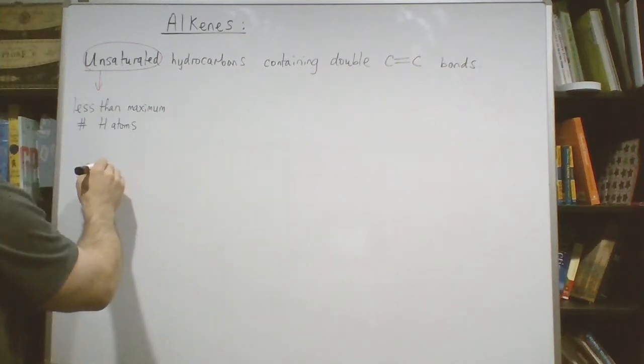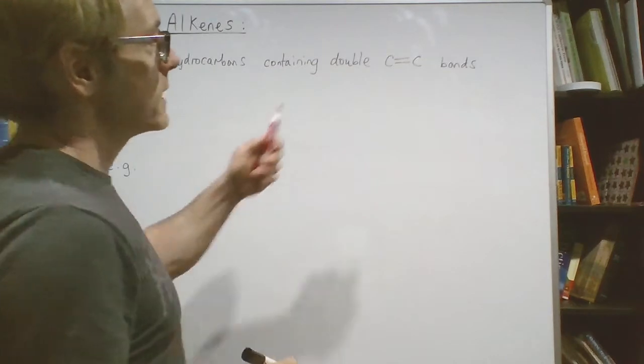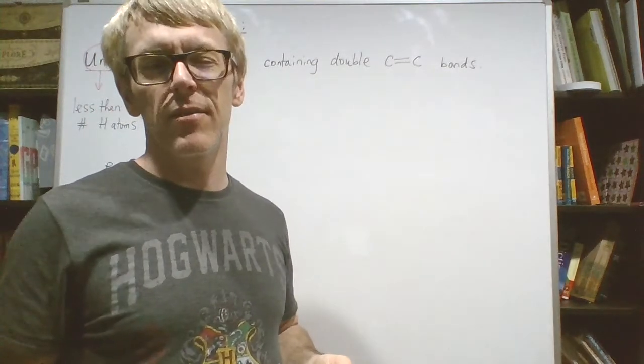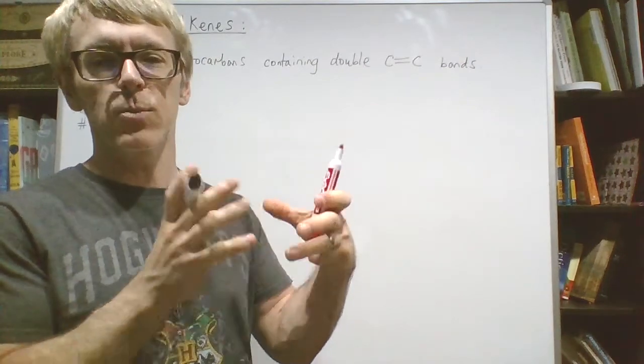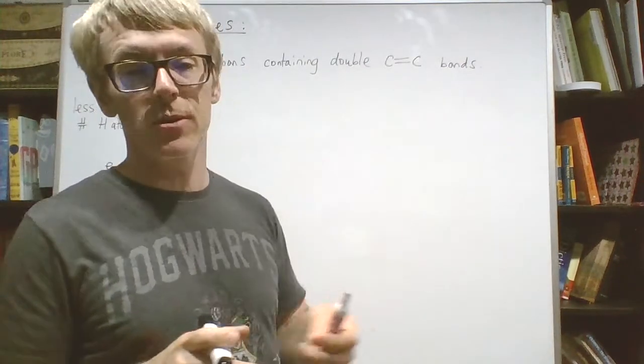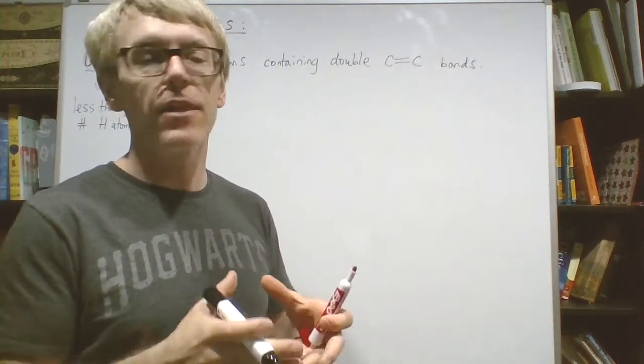An example, well, if I need double bonds, I clearly can't have methene because meth means one carbon. I need at least two, so the smallest alkene I could start with is ethene.